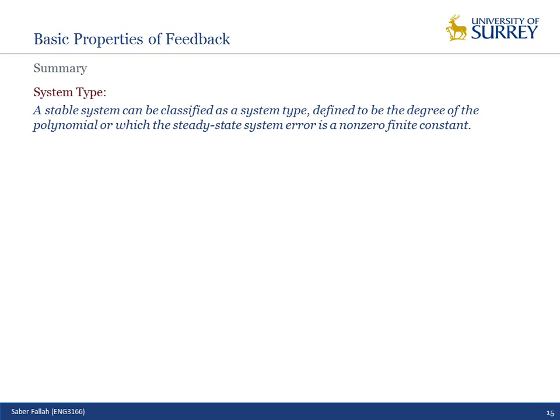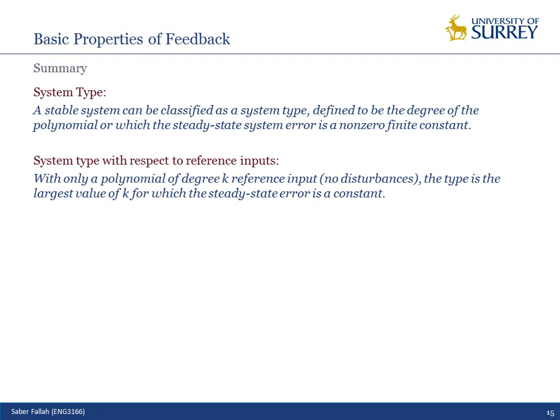But in this module, I'm not going to talk about the sensor noise. What we talked about first is system type with respect to reference inputs, defined by the degree k of a polynomial reference input. The type is the largest value of k for which the steady state error is a constant.